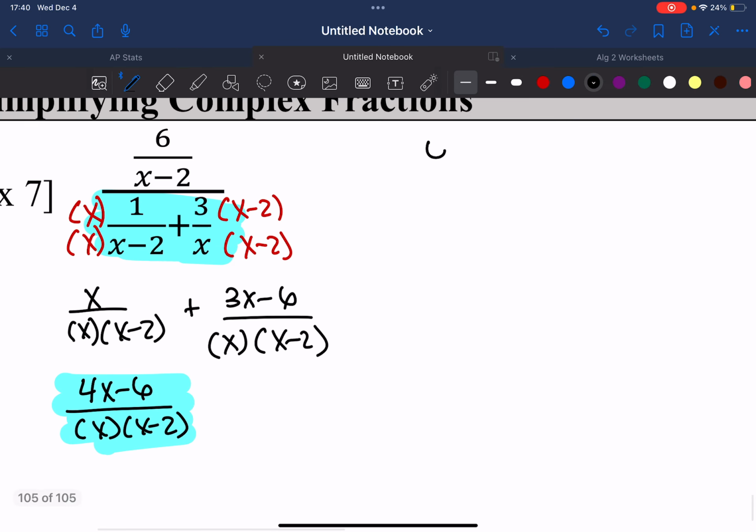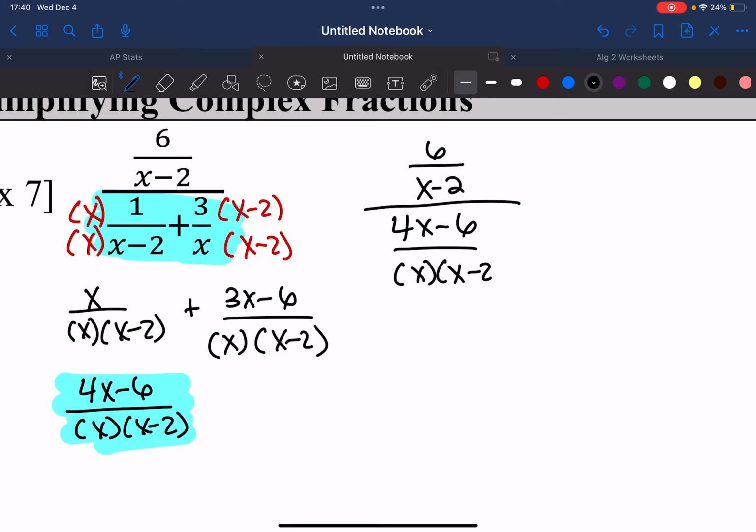So now I have 6 over x minus 2 divided by 4x minus 6 over x times x minus 2. Well, since this bar means to divide, that means I need to multiply by the reciprocal of the second fraction.